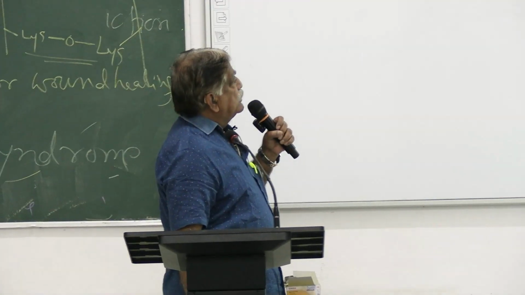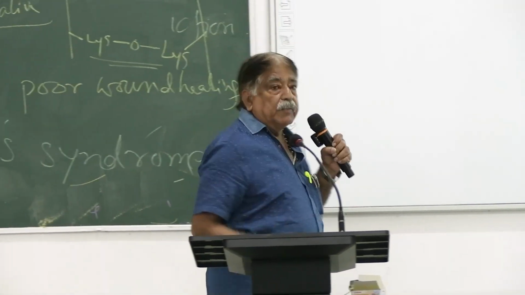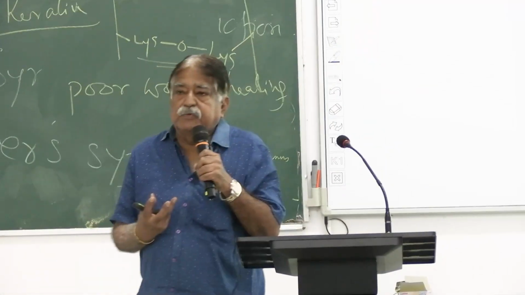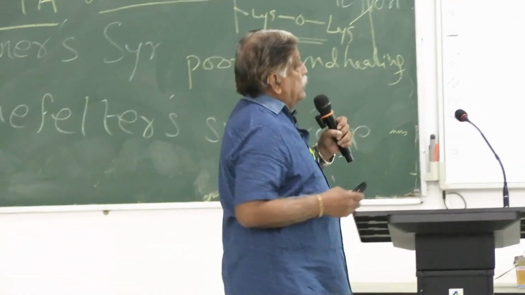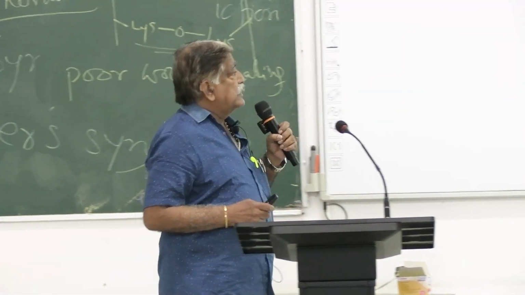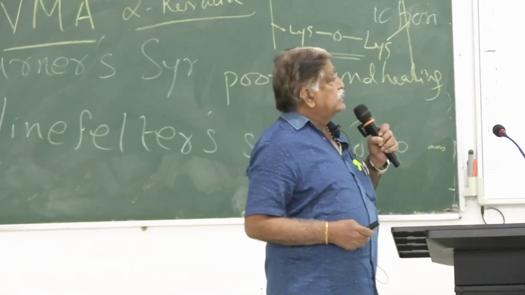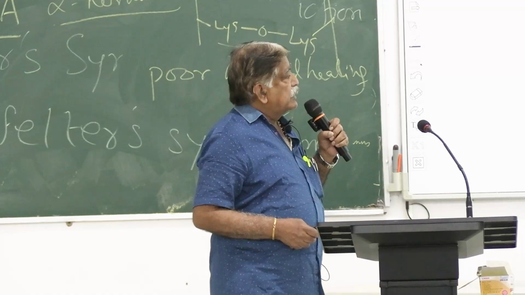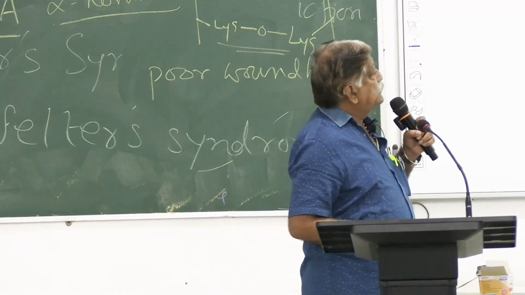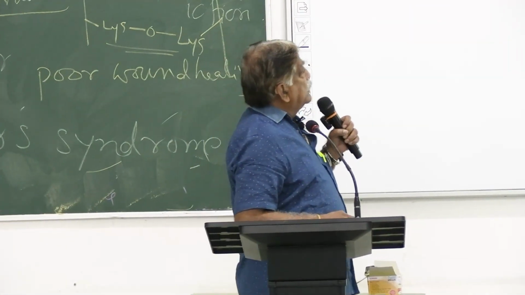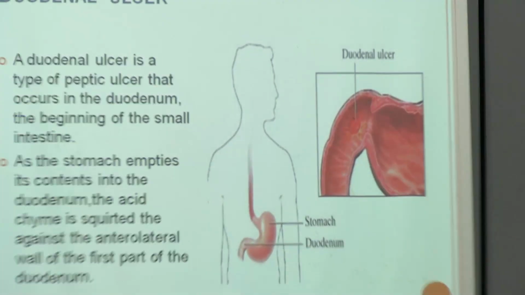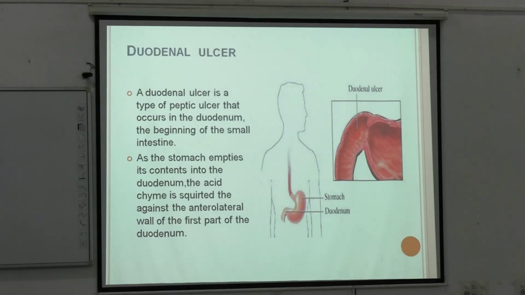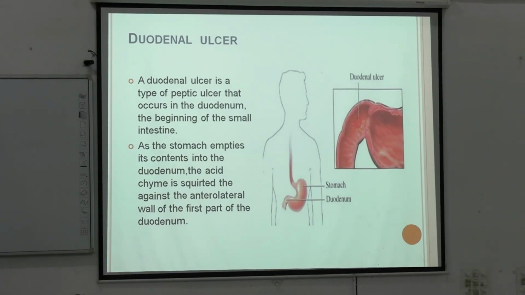Gastric atrophy is the condition in which the muscles of the stomach shrink and become weak. The gastric glands also shrink, resulting in deficiency of gastric juice caused by loss of gastric glands. Next. Now, a duodenal ulcer is a type of peptic ulcer that occurs in the duodenum, the beginning of the small intestine.